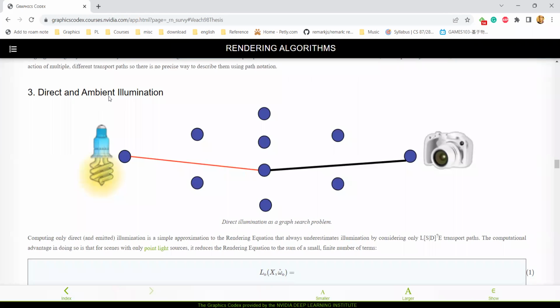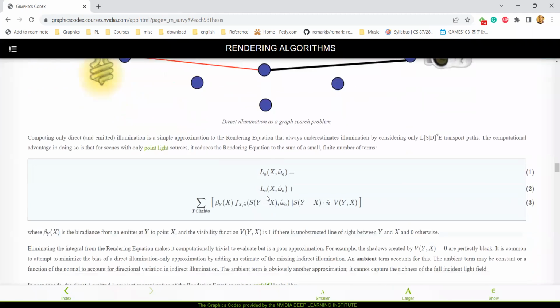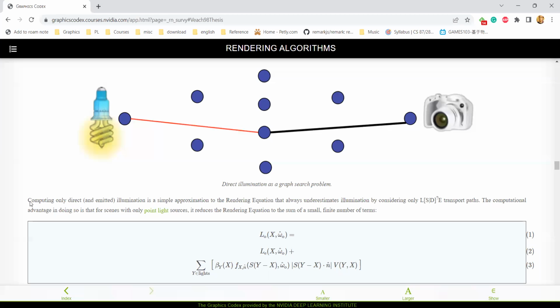Direct and ambient illumination. Computing only direct and emitted illumination is a simple approximation to the rendering equation that always underestimates illumination by considering only these direct transport passes.